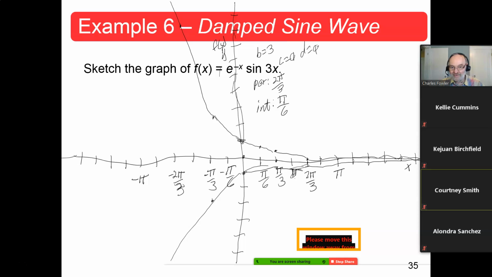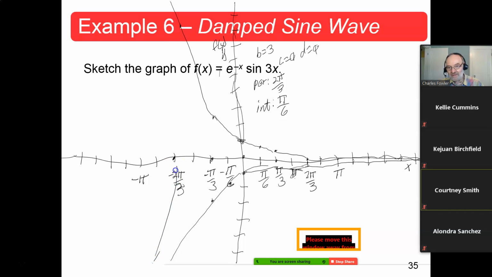On this side, however, it goes from here, 0, down to a minimum. This time, this is always positive, so whatever the sign of sine is, that's the sign you keep. So that goes negative, then up to 0, and then up here to a max, and down here to 0 again, and then down here you're off scale.